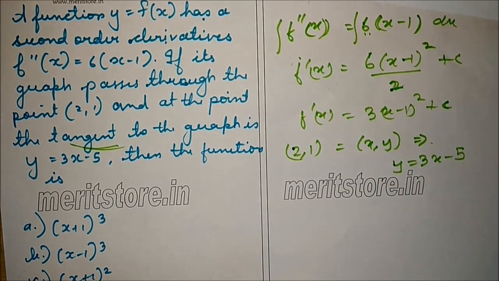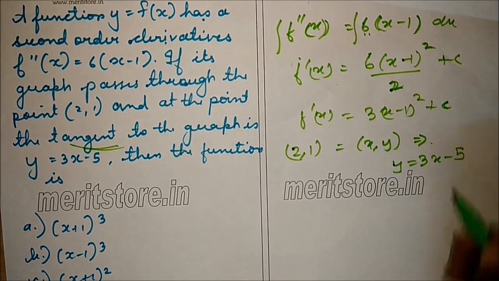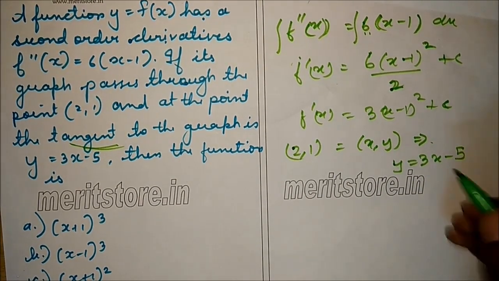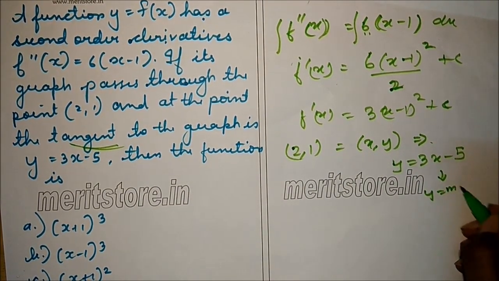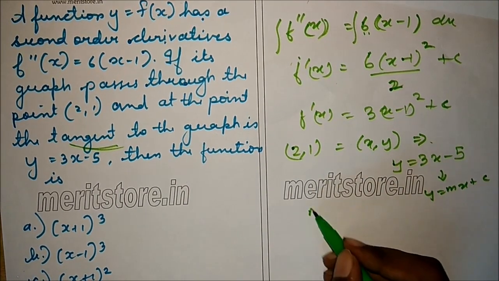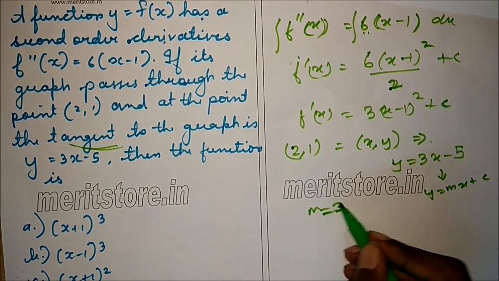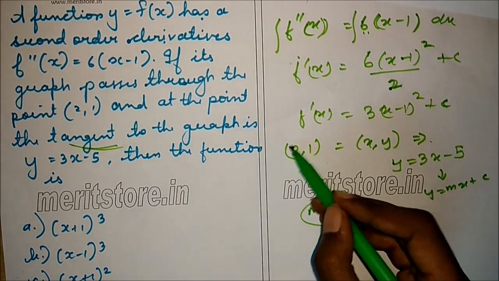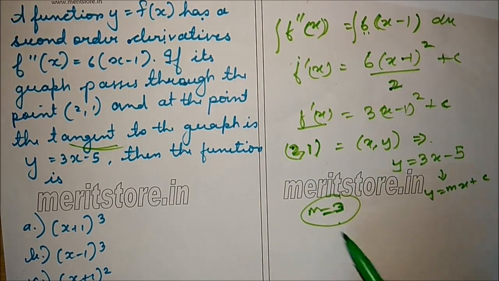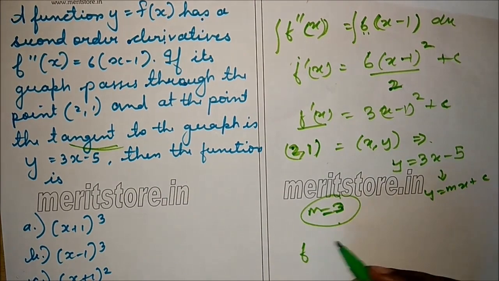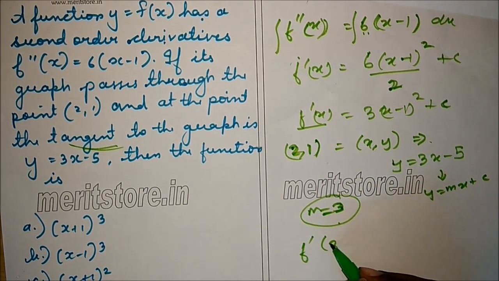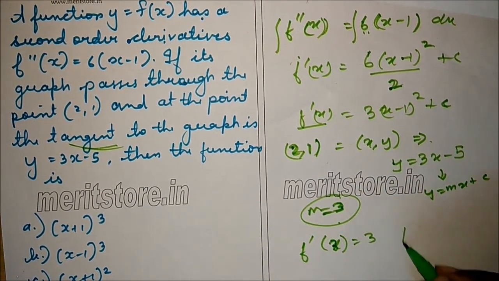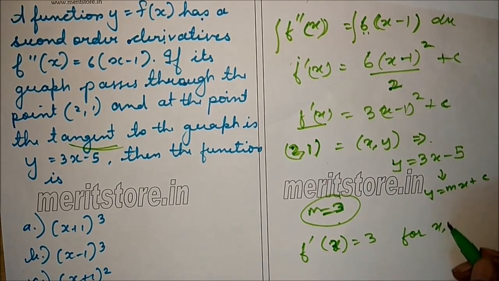So the slope of this, being in the form y equals mx plus c, is 3. So we got that for the point 2 comma 1, f dash of x equals 3, that is the slope. So f dash of x equals 3 for x comma y equals 2 comma 1.